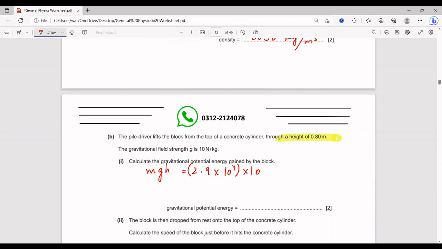And the height is 0.80. Now, students, you need to calculate 2.9 exponential 4 into 10 into 0.80. The answer is 2,32,000 joules.